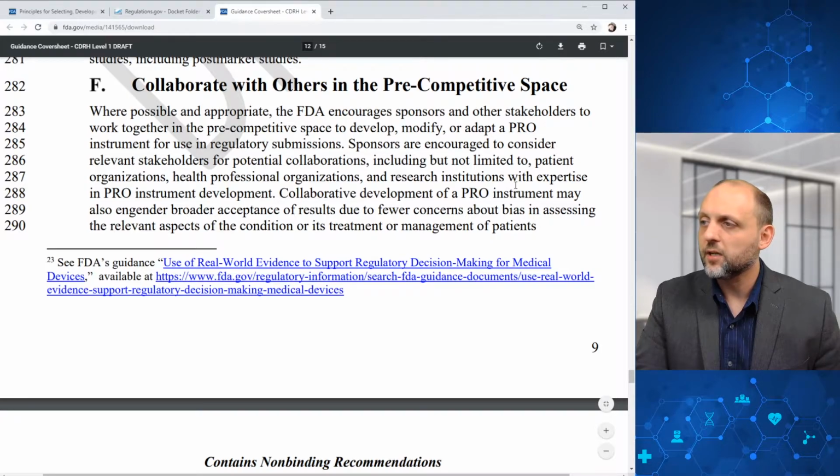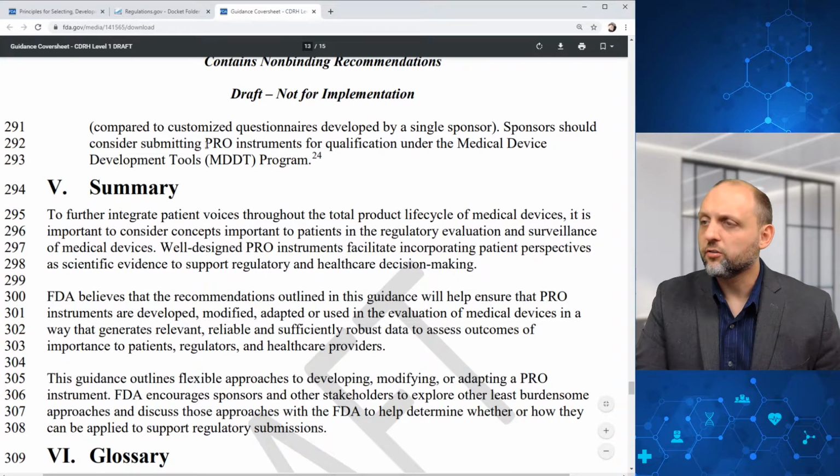Collaborative development of a PRO instrument may also engender broader acceptance of results due to fewer concerns about bias in assessing the relevant aspects of the condition or its treatment or management of patients. Sponsors should consider submitting PRO instruments for qualification under the MDDT program.